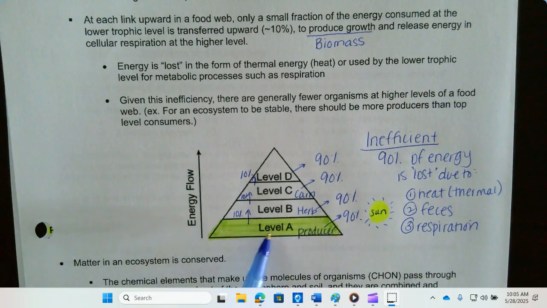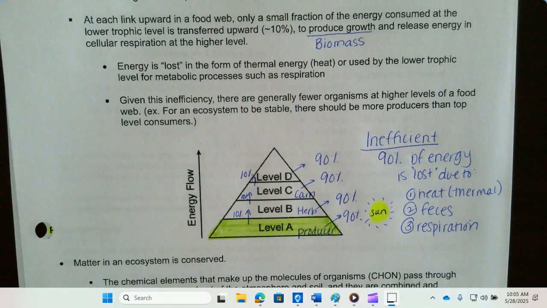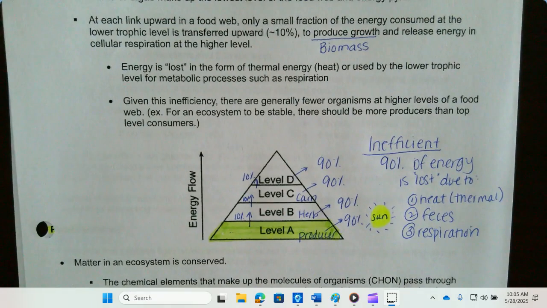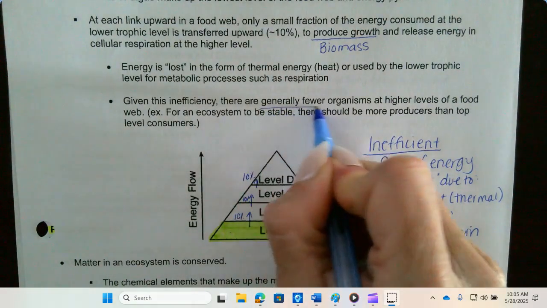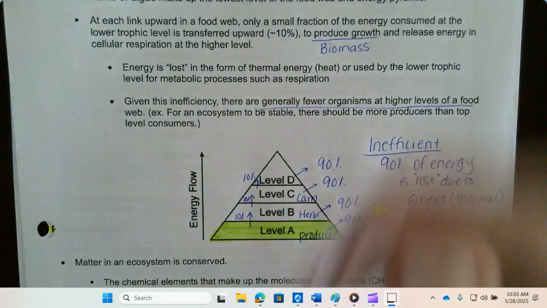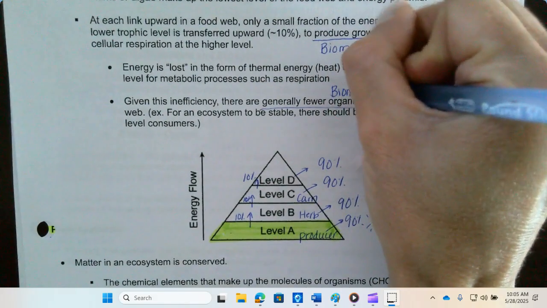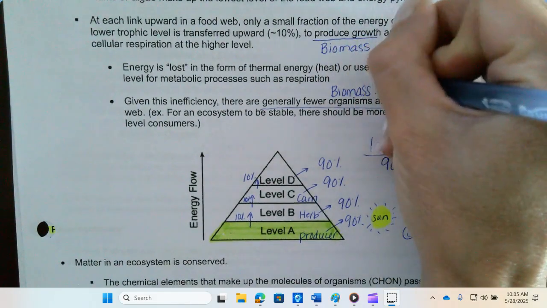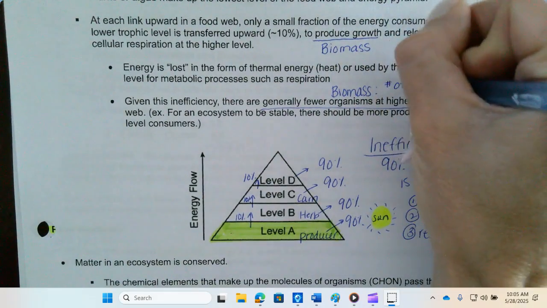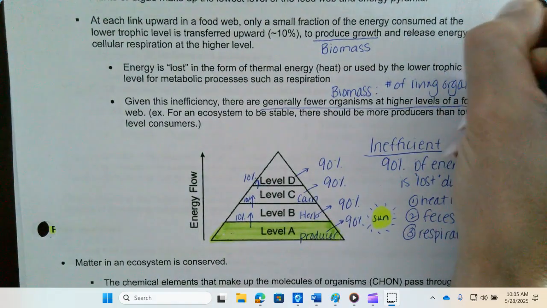So this can either be called an energy pyramid or it could be called biomass. Biomass is looking at the cycling of matter. Energy is looking at how each level just gets 10%. Where it says generally fewer organisms at higher levels of a food web, keep in mind, that's again really referring to biomass, which is the number of living organisms at different trophic levels.